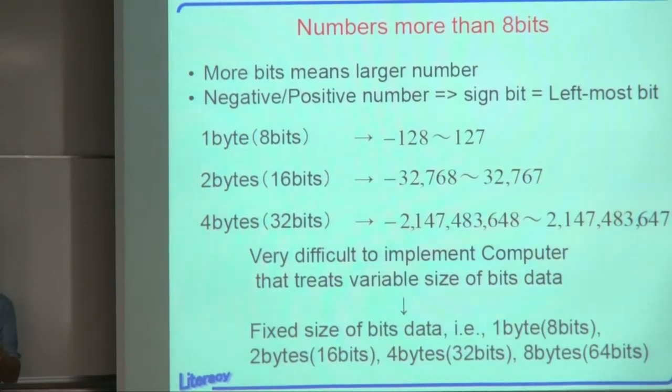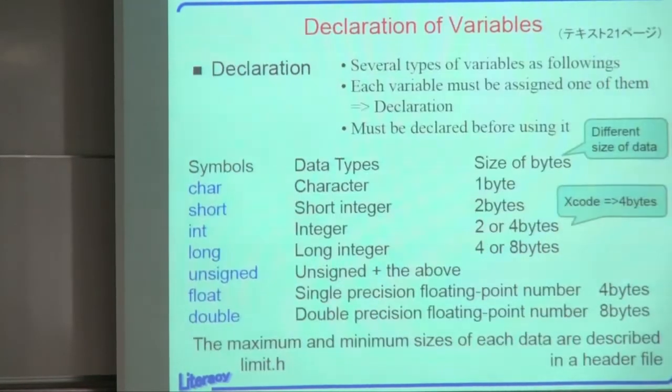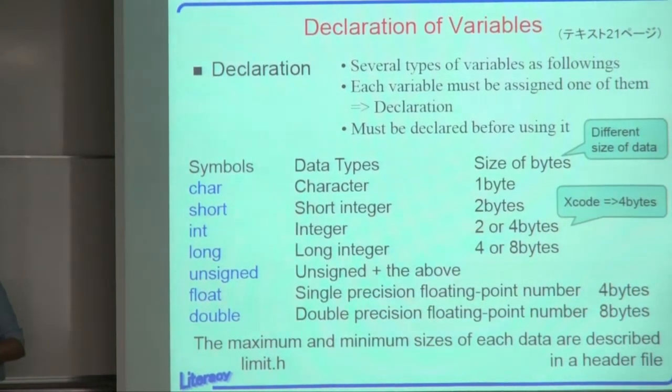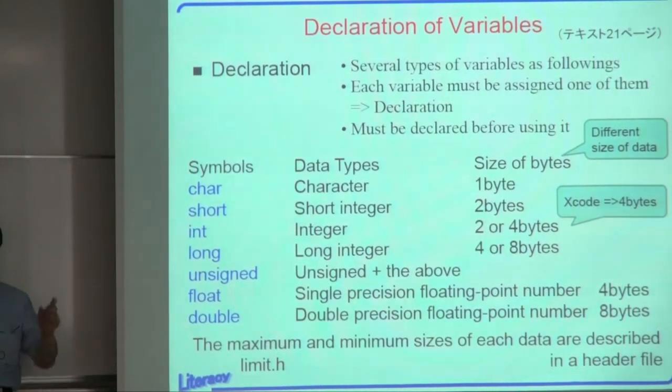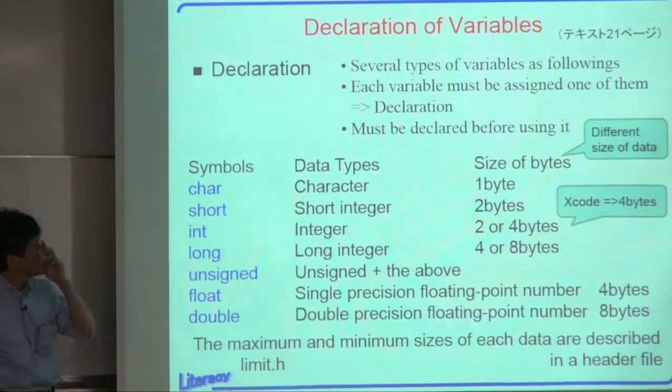If you use a 64-bit operating system, your CPU can treat a maximum data size of 64 bits. And before using a variable, you have to define the variable by specifying the variable name.